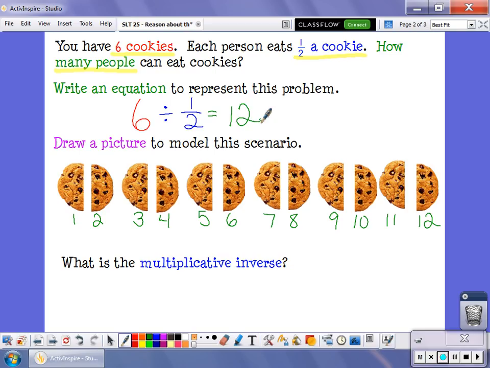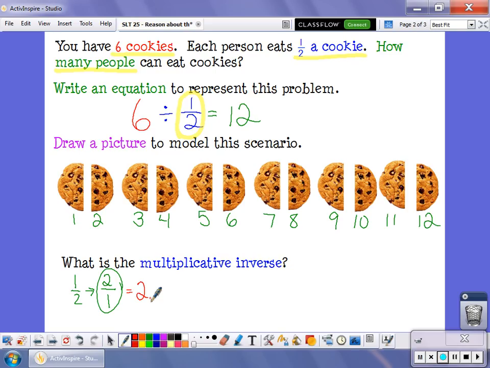Now let's look at what happened with our multiplicative inverse. Okay, we're looking at our multiplicative inverse for this fraction here. I started with the fraction 1/2, and I know my multiplicative inverse is going to reverse my numerator and my denominator. So my multiplicative inverse is going to be 2 over 1, which is the whole number 2.